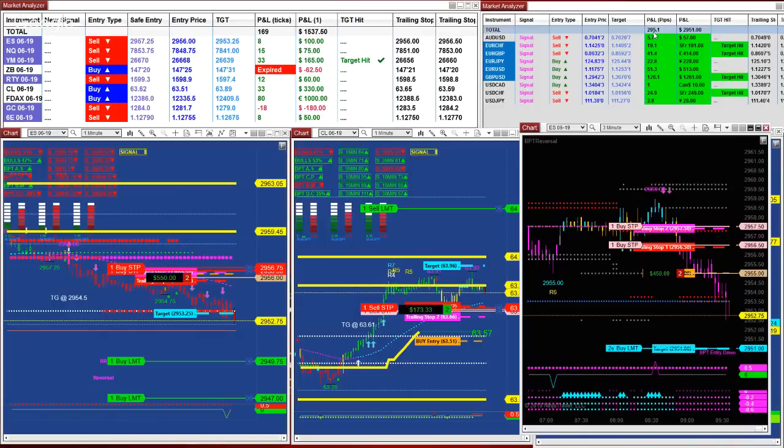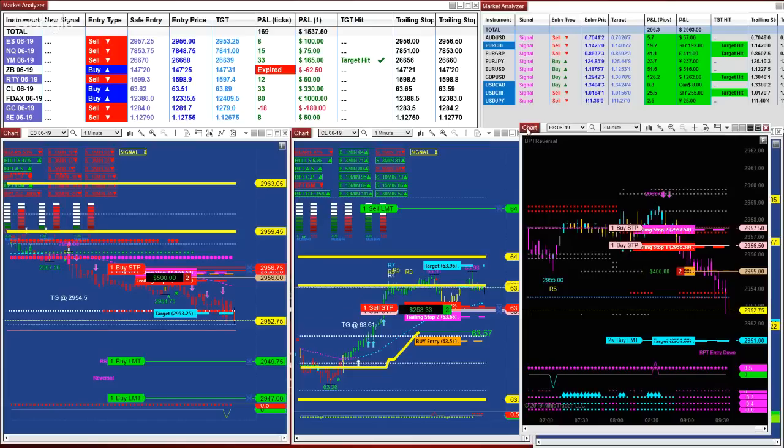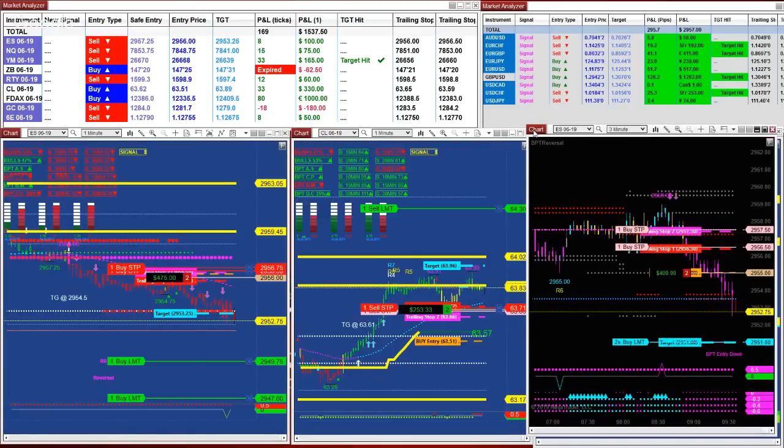We don't have enough room to do all of it. So here is your future and here is your forex. Both market analyzers are based on 1 minute, so it is very straightforward. But on forex, of course, you can use the 240 minutes and the 15 minutes. The forex is a different story.